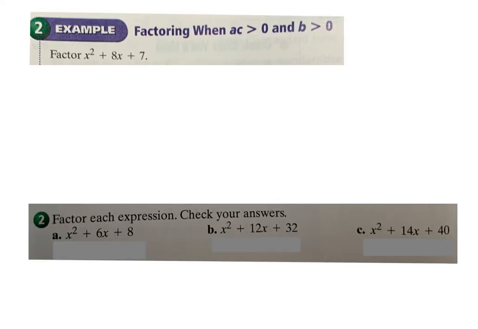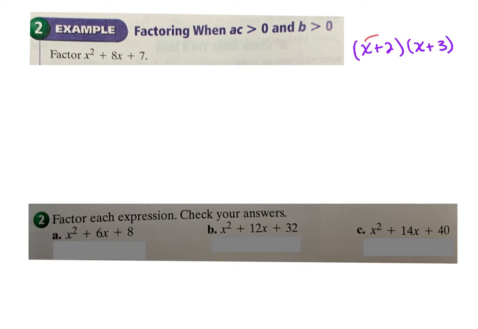All right, so for these, we are trying to go from a trinomial back to 2 binomials, okay? And so when you have something like this, you're basically going to say, well, what happens when I FOIL? So if I were to have something like this, x plus 2, I'm just going to write one to the side, x plus 2, x plus 3, okay?